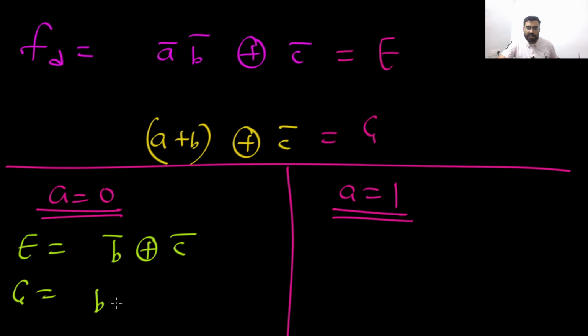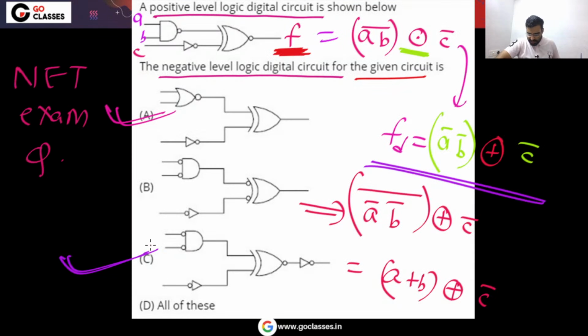That will be C bar. A XOR C bar, that is A B XOR C. So they are not same, right?